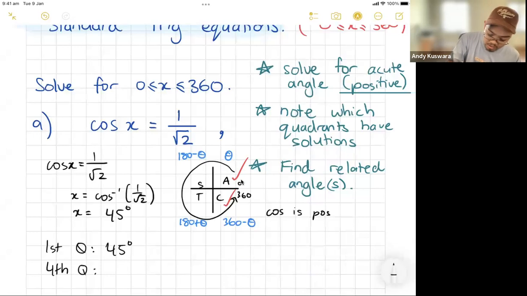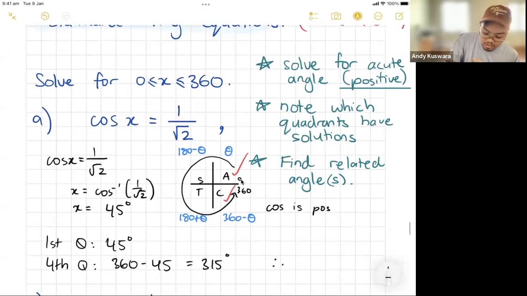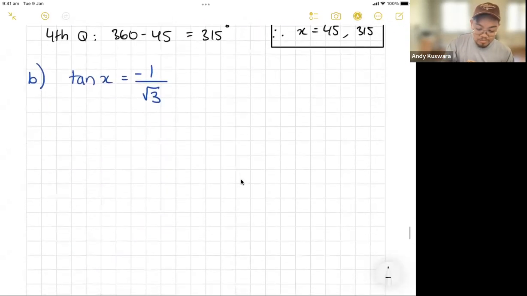So I'm going to go 360 minus 45. That becomes 315. So therefore, my solution for this one is x equals 45 and 315. There's two solutions. I'd need both to be correct. Hopefully that's making sense.